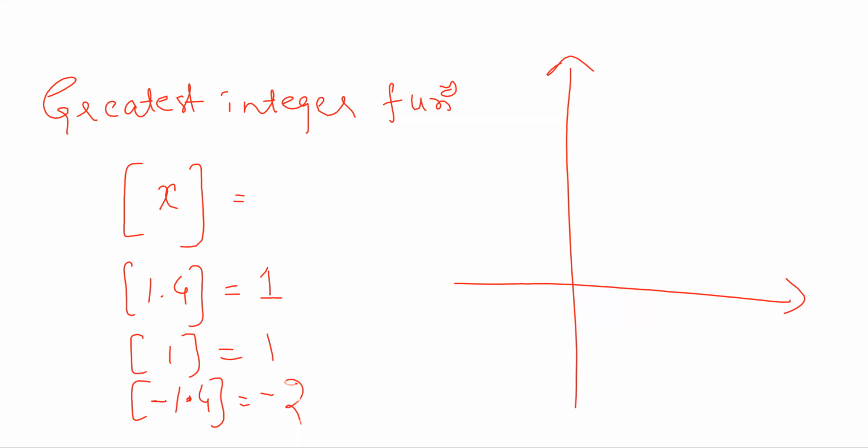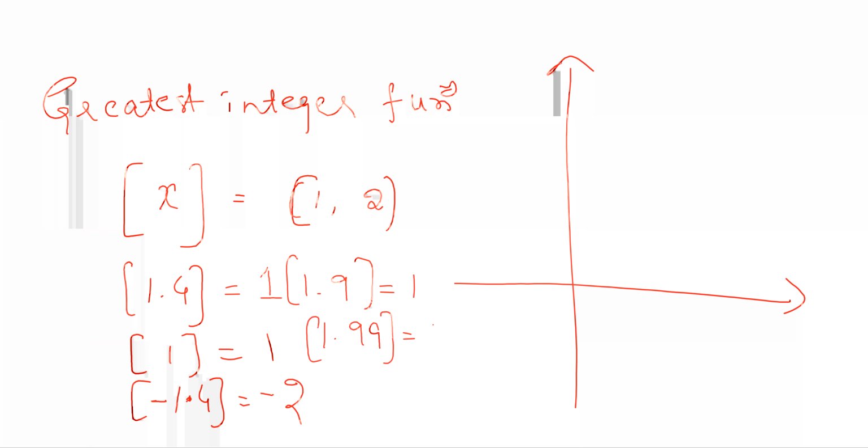Minus 2. So now you may observe the interval 1 to 2: closed at 1, open at 2. 2 is not included in that interval. What will be the value of the function? You may consider 1.9 also. It is 1 only. 1.99, 1 only.